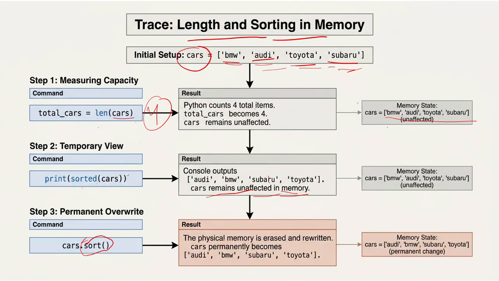So the physical memory is erased and rewritten. Cars permanently become sorted, this time. So now cars will become Audi, BMW, Subaru, Toyota, which means the order of items is now changed.